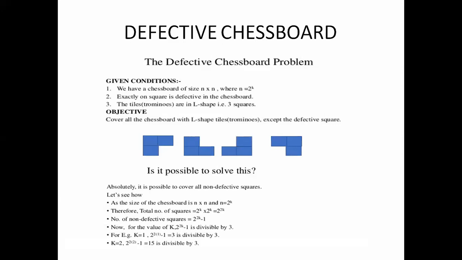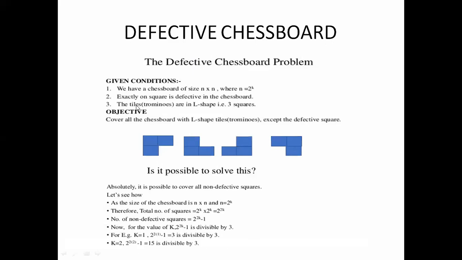It may be anywhere on the chessboard, but one of the squares is defective and all the others are not defective. So what we need to do is cover the chessboard completely with a set of L-shaped tiles.